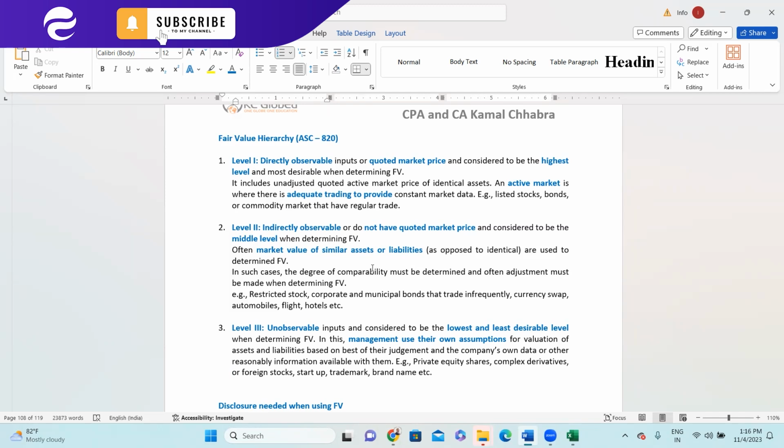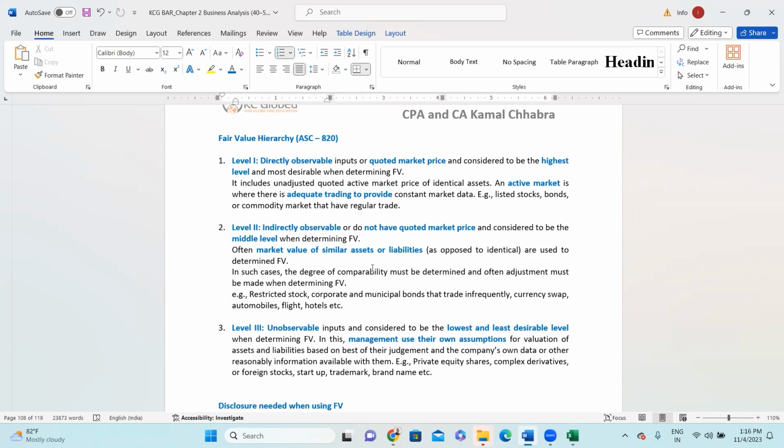You'll see what is the frequency at which the stocks are moving. If it is not moving frequently, then having the quoted market price may not give the realistic picture. But you will see what is the price of other similar consulting businesses like KPMG, Deloitte, right? Then you will identify how much is the price of other similar businesses, and then you will make certain adjustments to it.